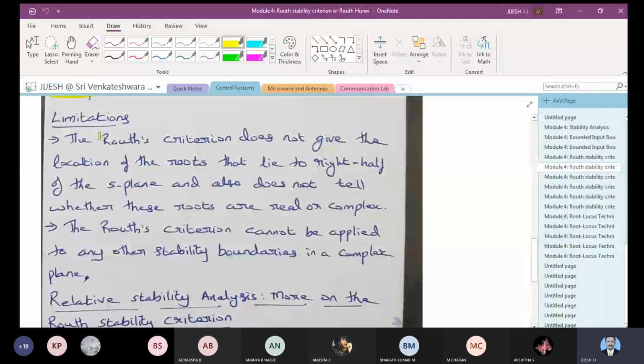So this also is one of the limitations of the roots criteria. You may have to write all these things when you are asked to explain the root stability criteria.